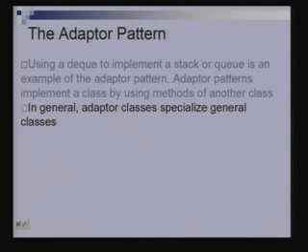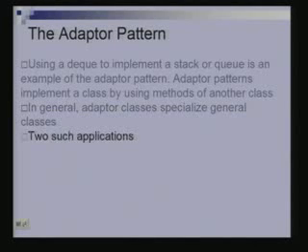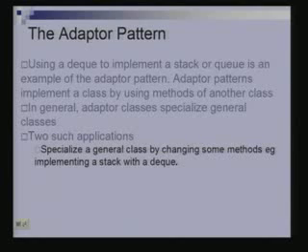In general, adapter classes would specialize general classes, and we can have applications of this. One application would be, as we just saw, we can implement by changing some methods, for instance, a stack using a double-ended queue.